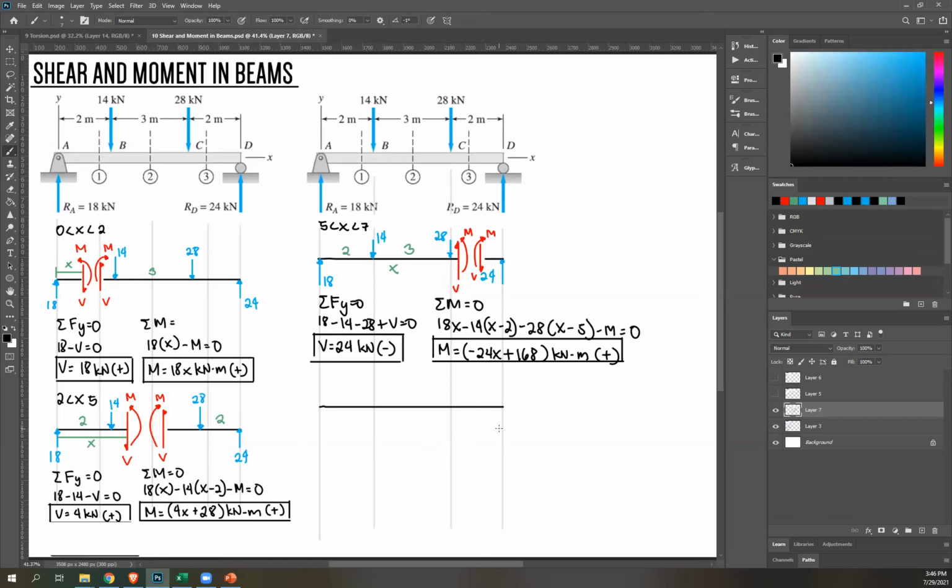So to draw your shear moment diagram from your shear equations, you'll just draw the equation. Okay? So let's start at 0. This is for shear. So the shear equation for segment AB from 0 to 2 is just a line. That's 18. So that's just a straight line at 18. Okay?